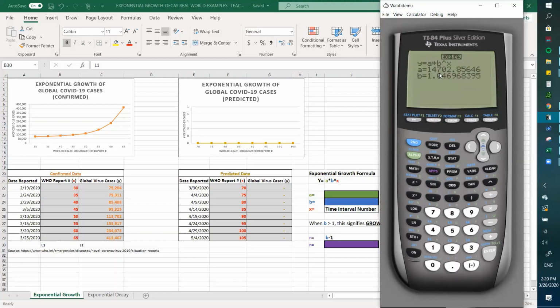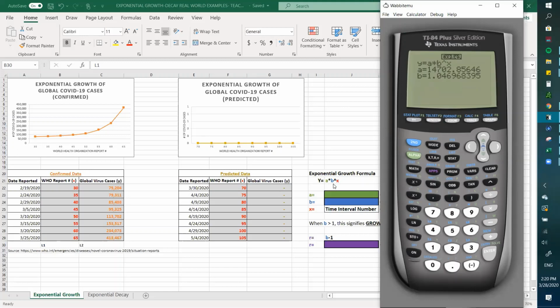Now, this gives us an initial value A of 14,702 and a B value of 1.05.